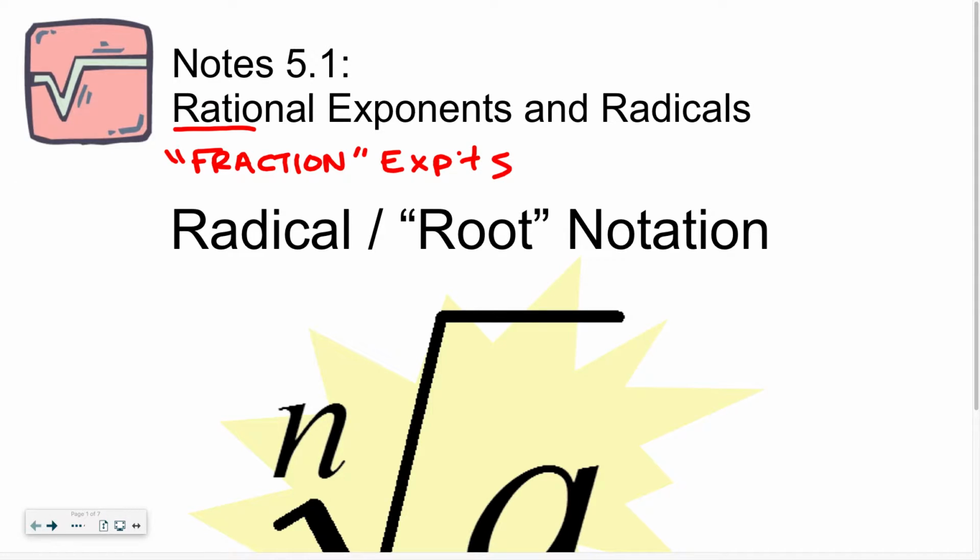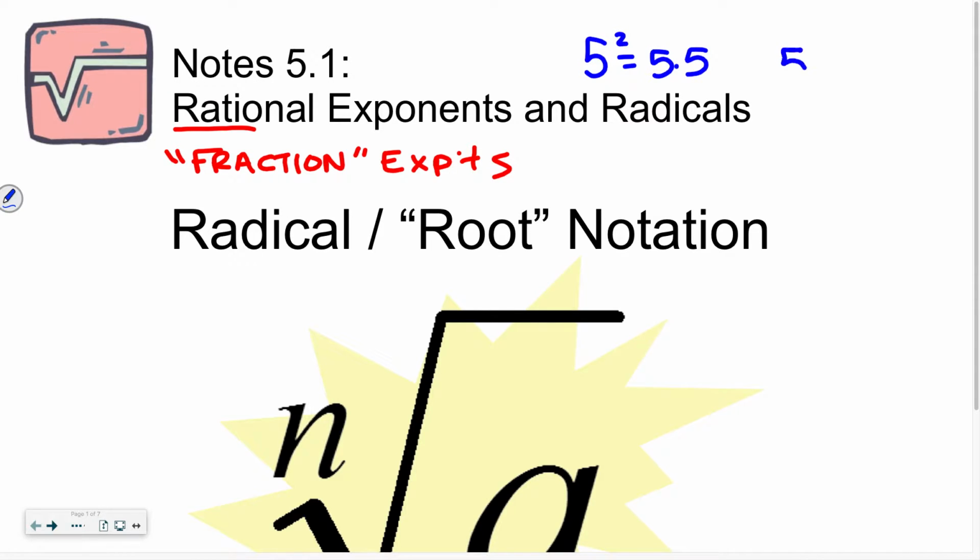Fraction exponents and radicals. Okay, so you've seen whole number exponents, and I guess I should say integer exponents, because we know 5 squared is 5 times 5, right? 25.